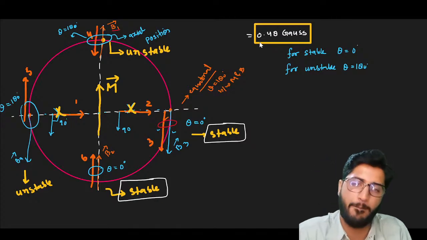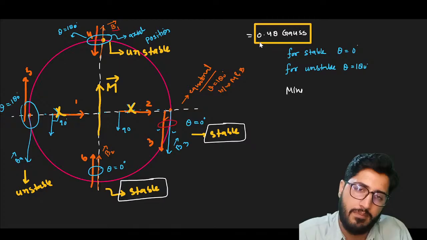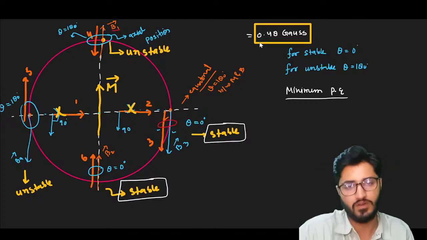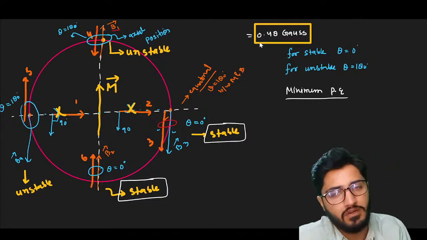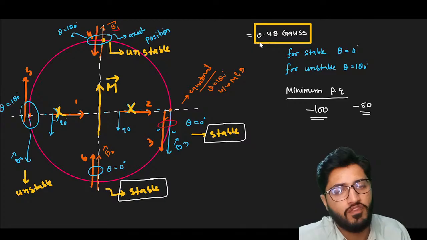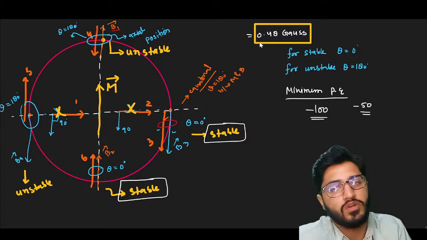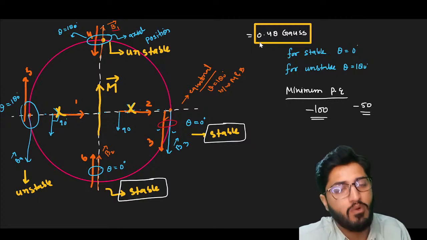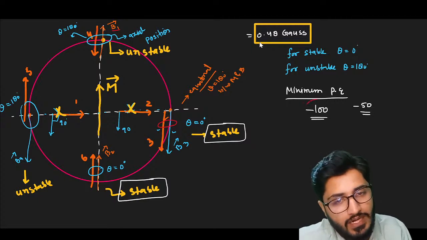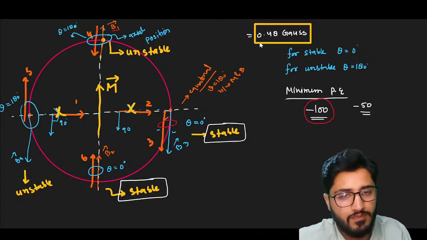Okay. So now, which one is having minimum potential energy? One thing you need to remember: minus 100 or minus 50, which one is the minimum value? You will write, sir, minus 100 is minimum. Look now.